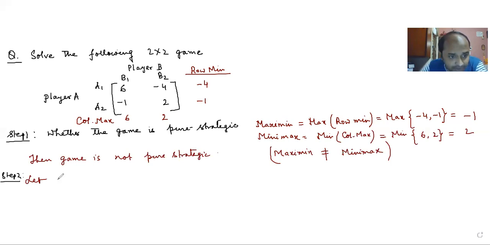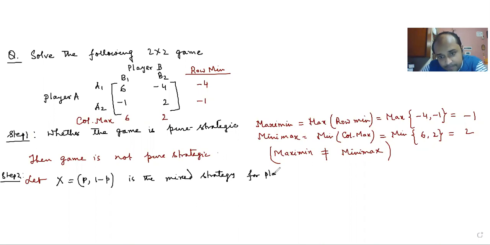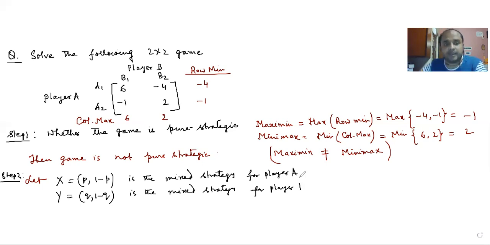Let capital X equal to P, 1 minus P, is the mixed strategy for player A, and capital Y is Q, 1 minus Q, is the mixed strategy for player B. And if you have difficulties in writing the things, you can quickly, in the rough work, write this matrix once again.